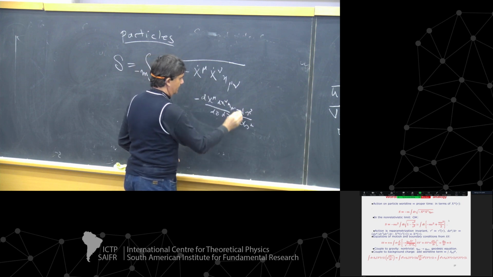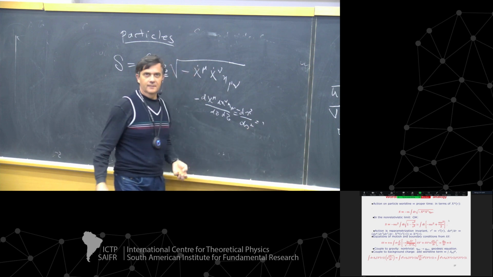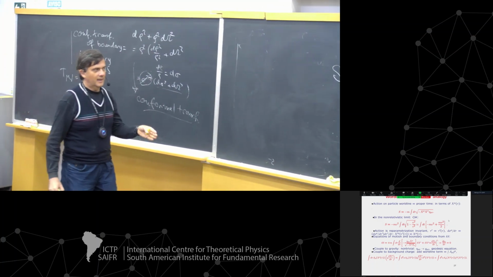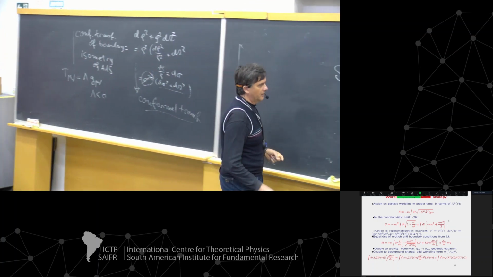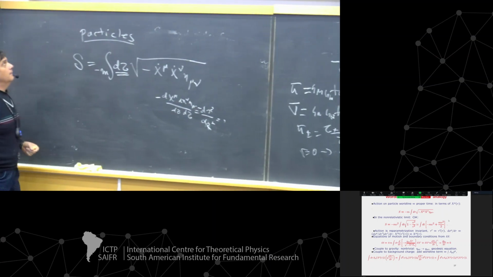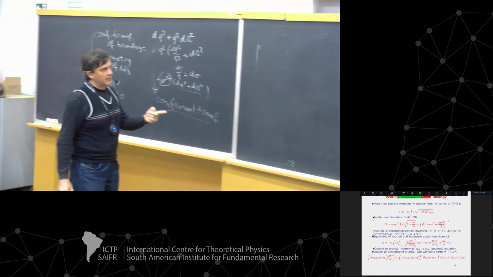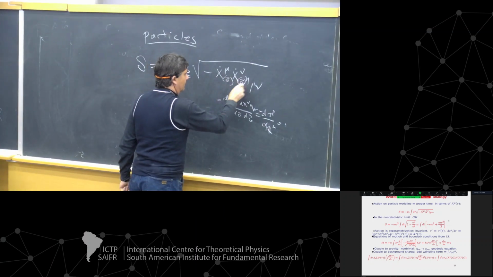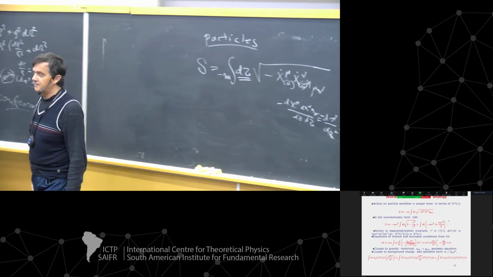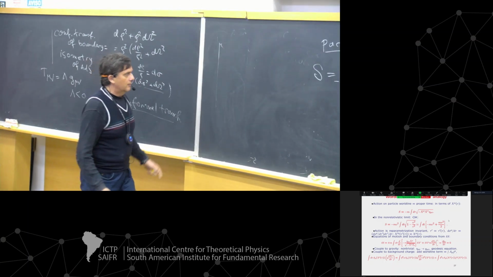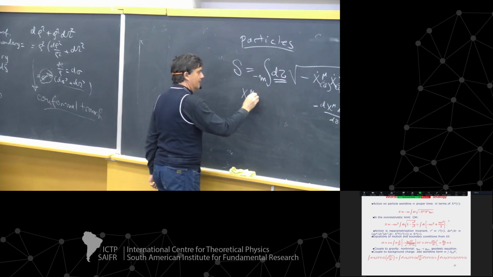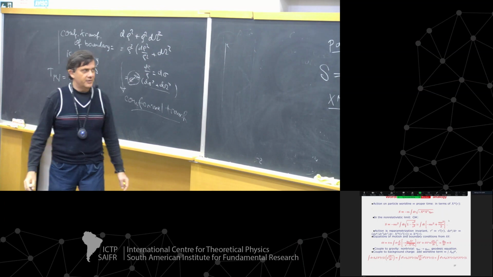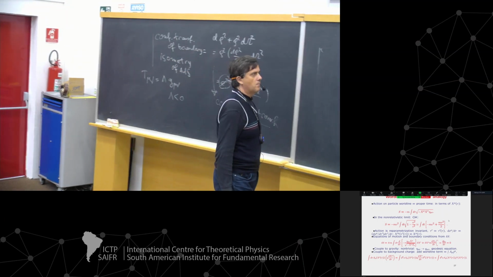So with a minus, that would be just 1, right? ds squared for a time-like direction is just minus d tau squared. Except, of course, when I write this, I mean that these are now functions of time. So my variable now is the trajectory of the particle, x mu of tau.